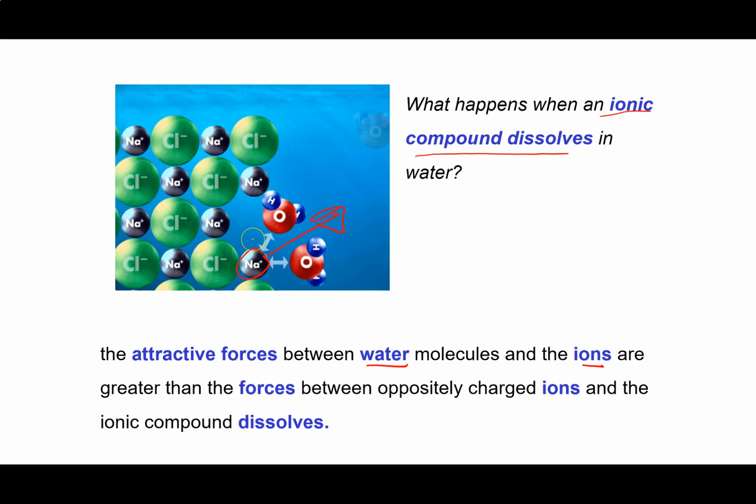The water molecules are grabbing at the surface of the crystal and they just tear it apart. But the important thing is that we end up with individual sodium ions, in this case because it's sodium chloride, individual cations and individual anions dispersed throughout the solvent.